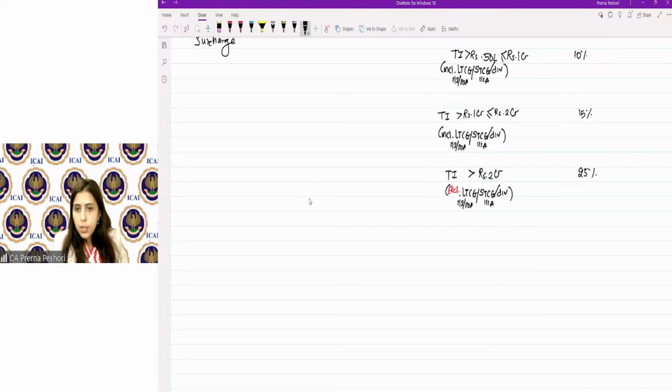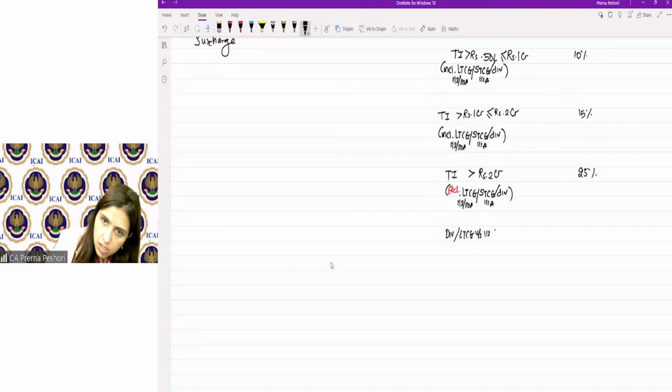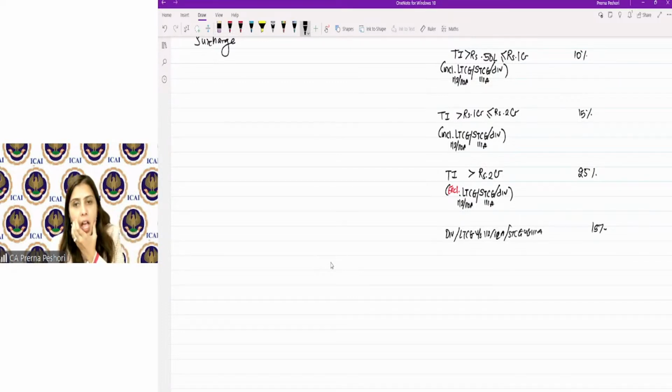On the dividend, LTCG and STCG, the highest surcharge will be 15%, even if it exceeds rupees 2 crores. Okay?